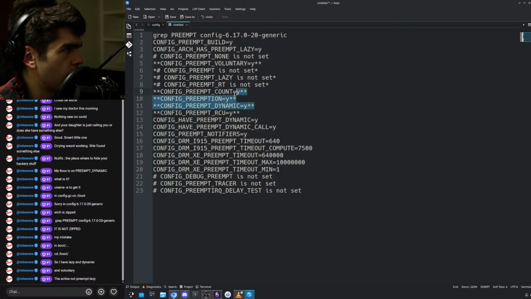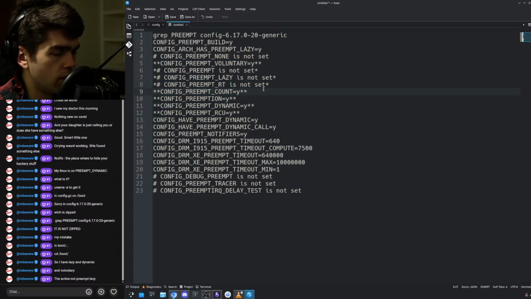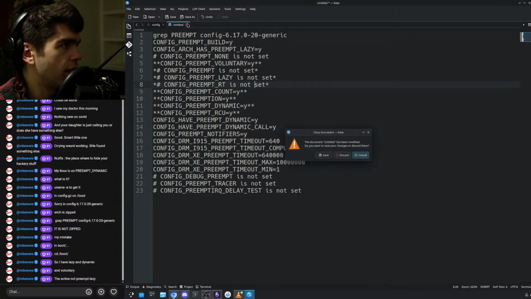I think we're not talking about the right section. Or maybe it's just not set everywhere, so you're at the default.